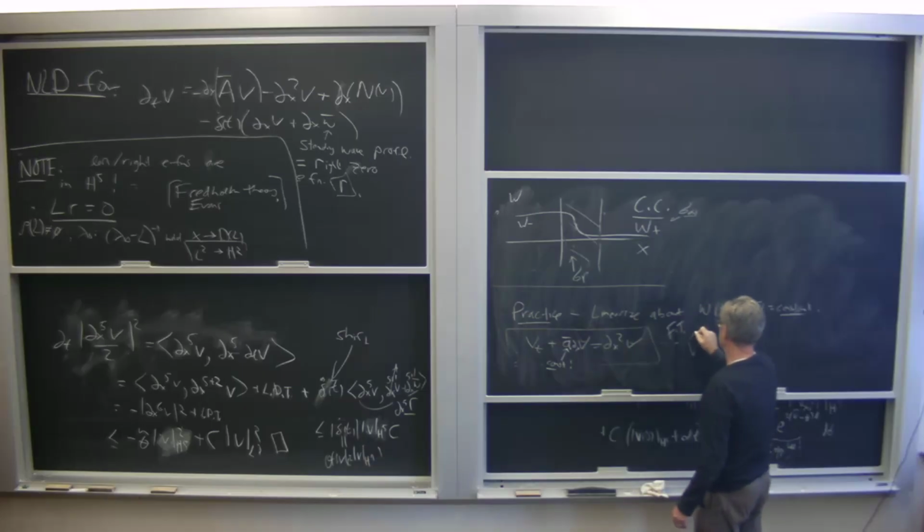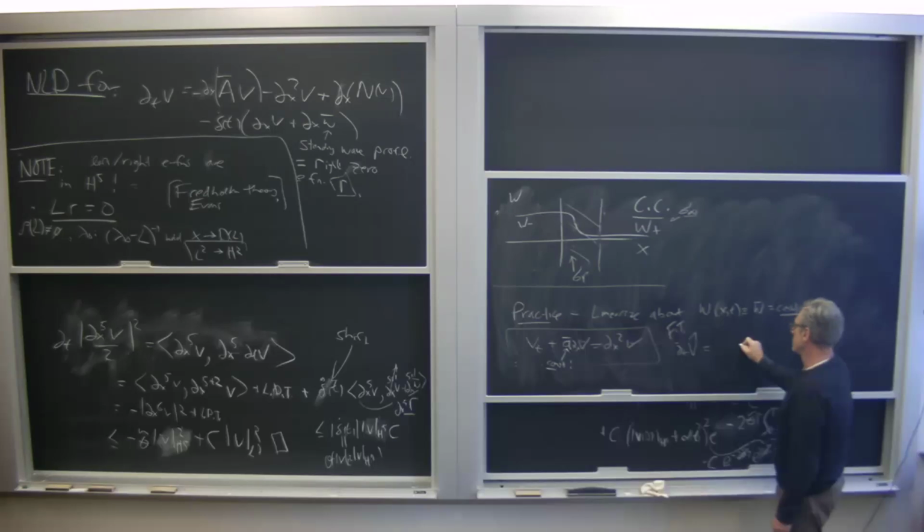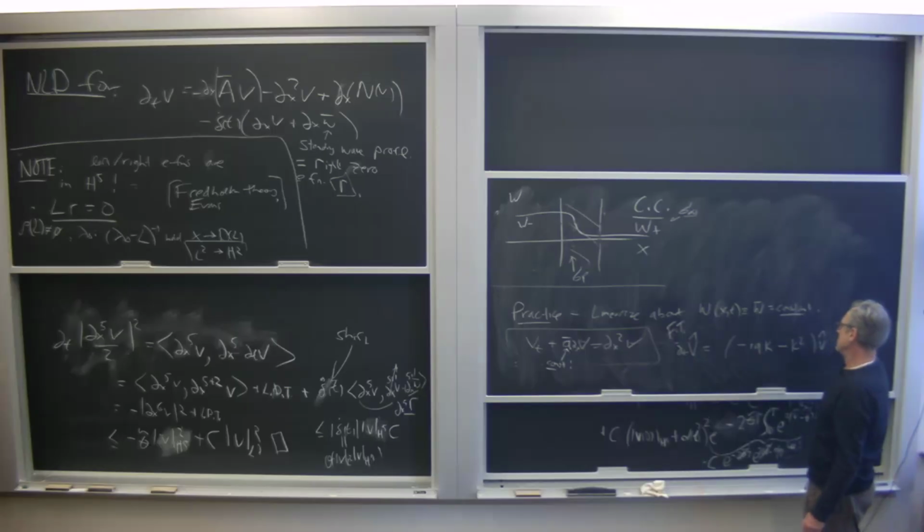So we get v hat_t equals negative i A k minus k squared, times v hat. I'm going to drop the bar. This is L hat. It's just the Fourier symbol.